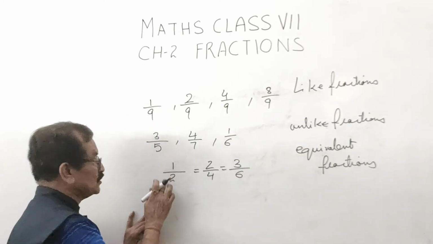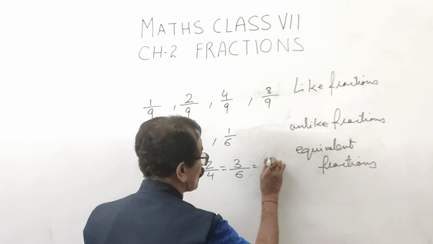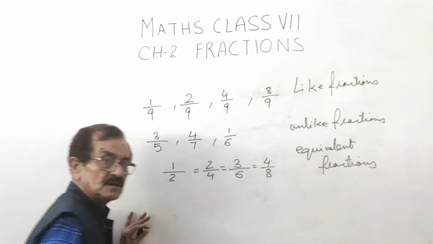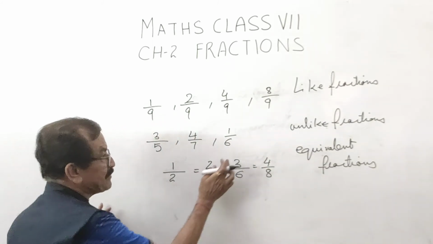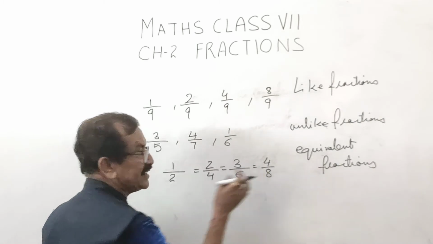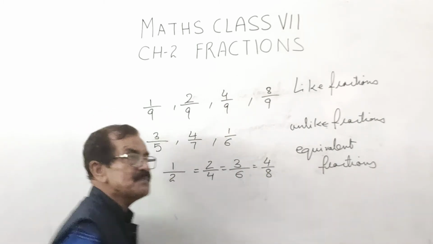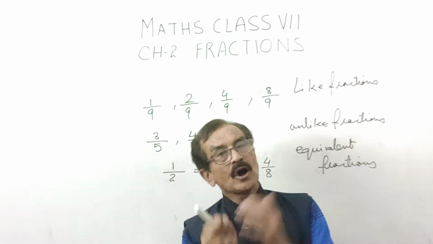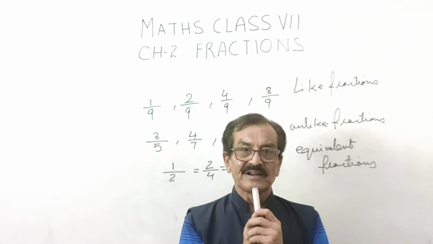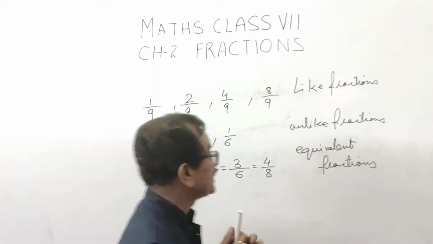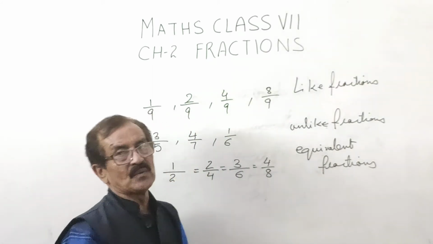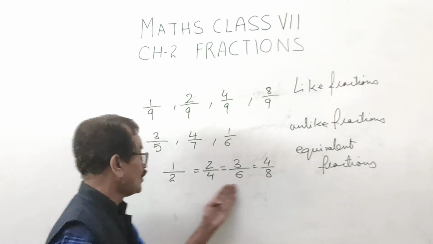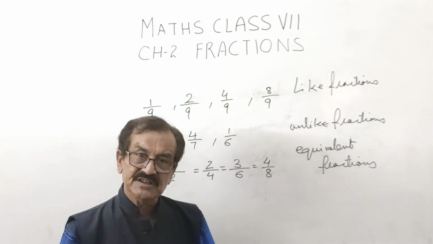And then multiplying both by 4, 4 by 8. However, this is also 1 by 2, this is 1 by 2, this is 1 by 2. So by multiplying or dividing the numerator and denominator by the same number, we can obtain equivalent fractions. So these are all equivalent fractions.